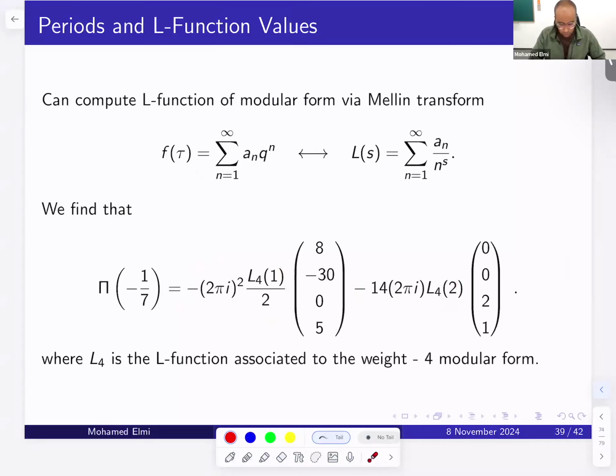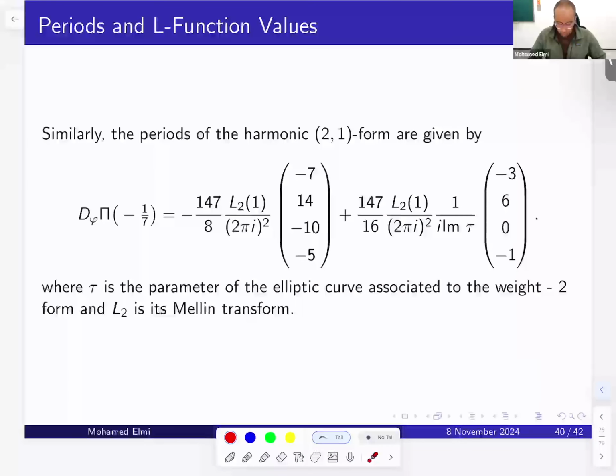So you take your weight 4 modular form, compute the L function, evaluate it at these special points, 1 and 2, and you see these numbers in the periods. And the same thing for the weight 2 form. The 2-1 plus 1-2 part is associated with the homology of an elliptic curve times a P1, and the elliptic curve will be modular.